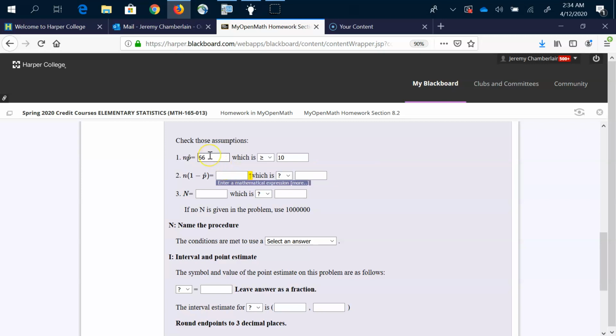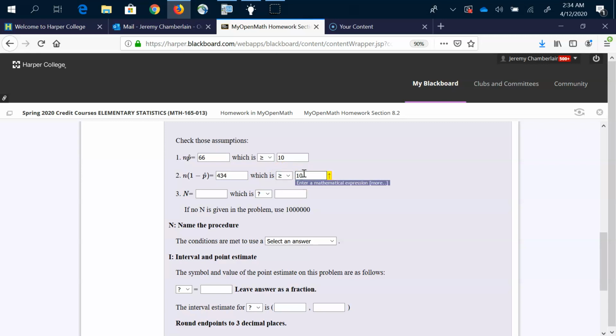So if we had 66 that were, in fact, left-handed, then it would be 500 minus 66. So this would be 434 not left-handed, and that is still definitely bigger than or equal to 10.